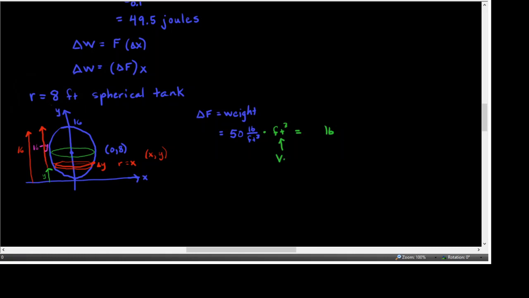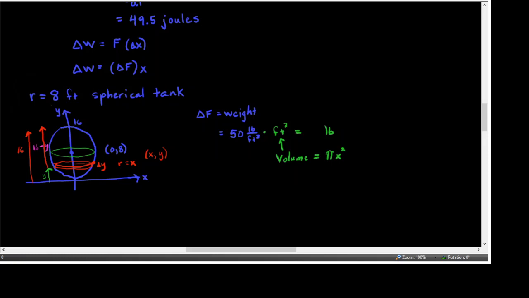Well, that's the volume. And so what we're going to need to do is to find that volume of that cylinder of water. And of course, we know the formula for the volume of a cylinder is pi times r squared, and we already identified the radius as x. So pi r squared.